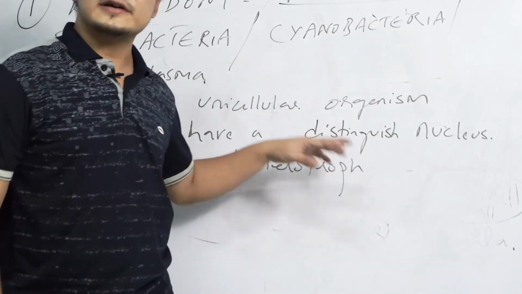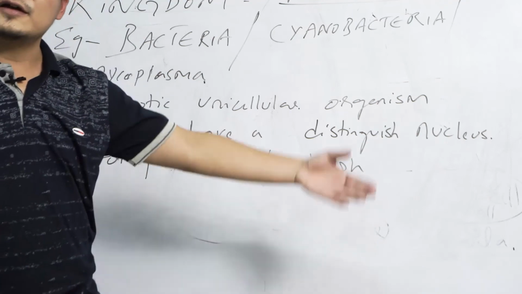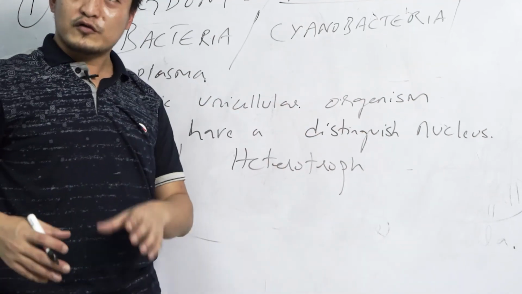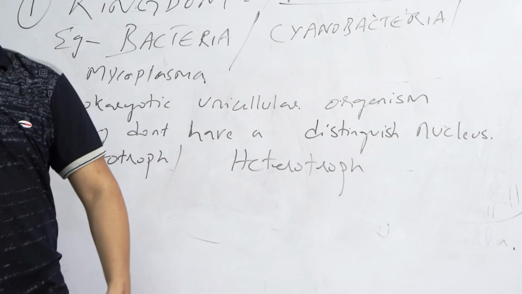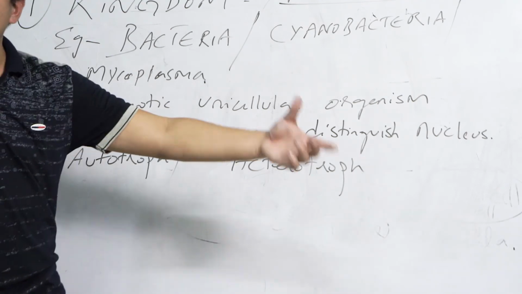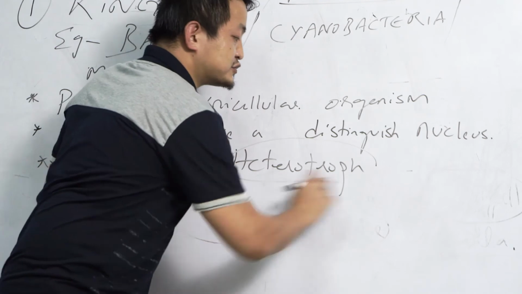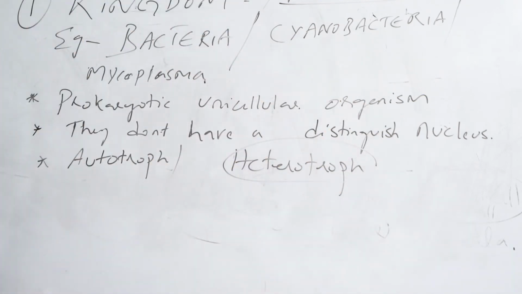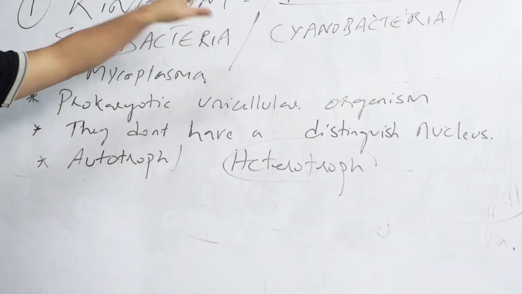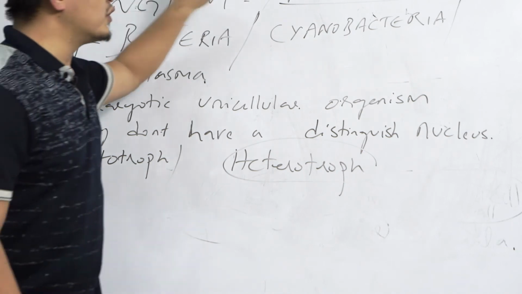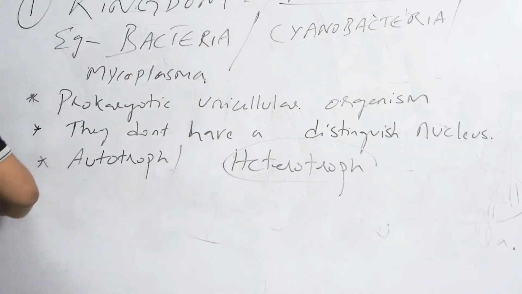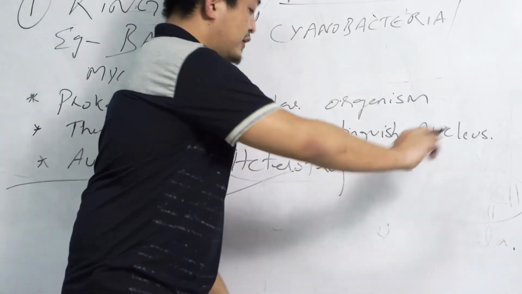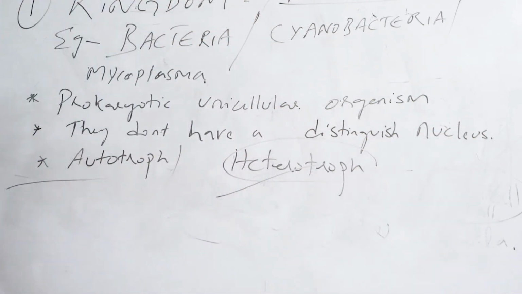Heterotrophs means they depend on others. We human beings are heterotrophs, because we depend on the plants and on other animals. So if you are asked what mode of nutrition Monera have, it will be either autotrophs or heterotrophs. You don't have to study in detail.